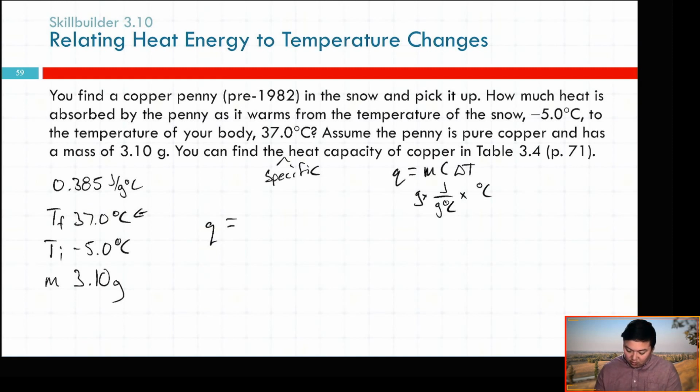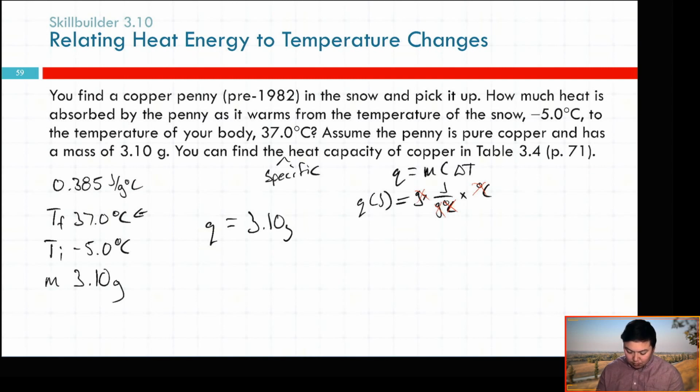So by the end of this, we will have canceled grams with grams, degree C with degree C, and we'll end up, not by accident, with the units for heat, Q, in joules. So this is one of those ways, if you know dimensional analysis, you can figure out, by looking at the units, what equations you're going to need. Although you can also pick up keywords from the word problem.